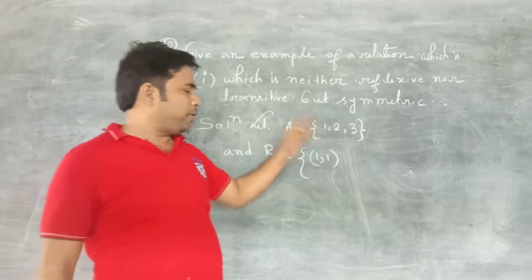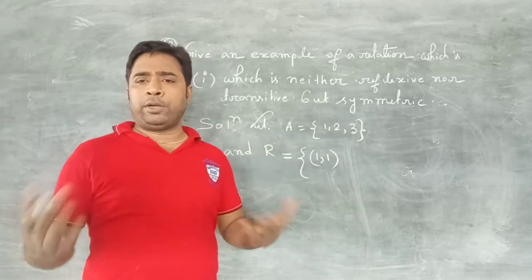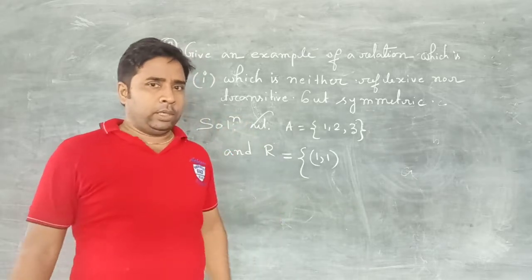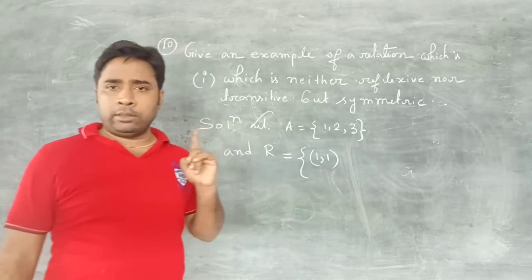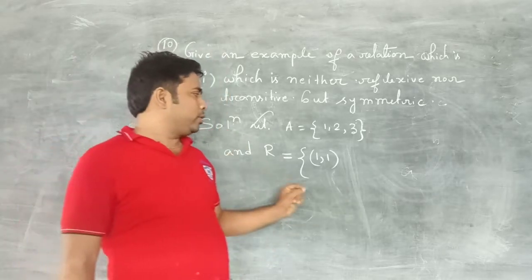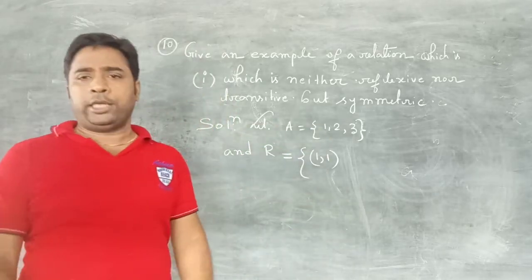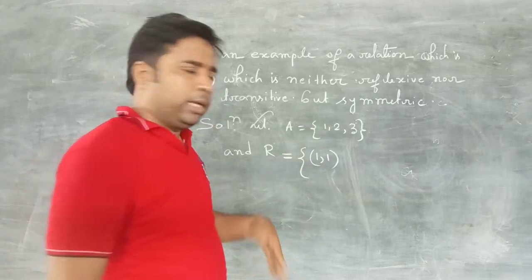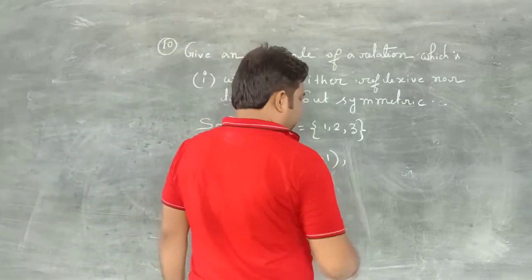Why? Because the first element is 1, and the doublet of 1 is (1, 1), it is here. But (2, 2) is not there. Whenever you are creating an example, the doublets of all the elements of the set A should be there. Here the doublet of 1 is there, but (2, 2) is not there. Next, (1, 2).